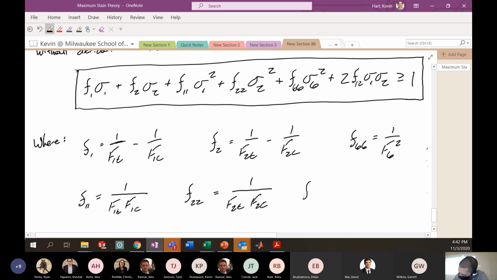And my last one, which is a little bit weird: -1/2 square root f11 f22.